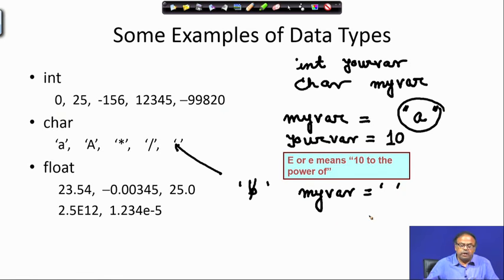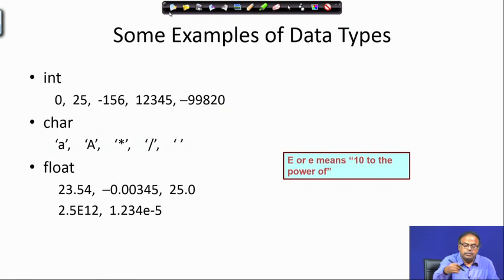Now, you should remember that each of these characters that we type in has an ASCII value. What is ASCII? ASCII stands for American Standard Code for Information Interchange.